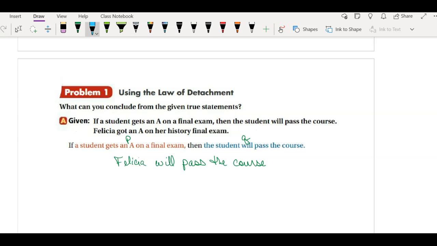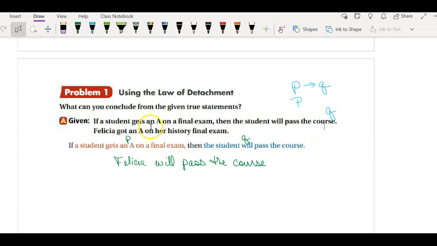So let's look at this again. So we have if P, then Q, and if the hypothesis is true, then Q is true. So my hypothesis, or my P-value, is if a student gets an A on the final exam, then the student will pass the course.